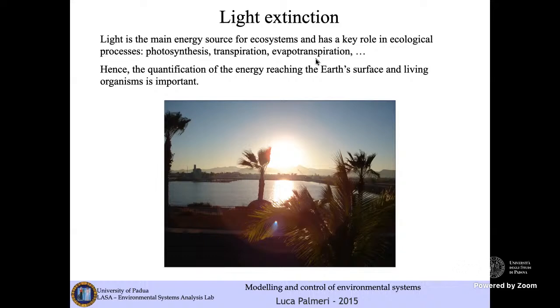This is why we shall introduce today a model that helps in evaluating the quantity of light that reaches the planet, in particular reaches the photosynthetic machinery on the surface of the planet from the sun.